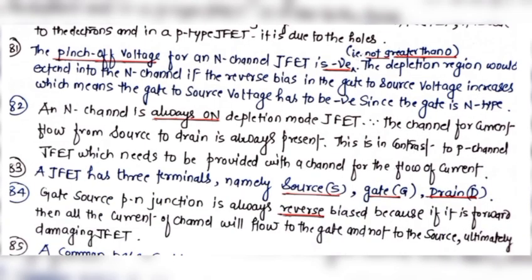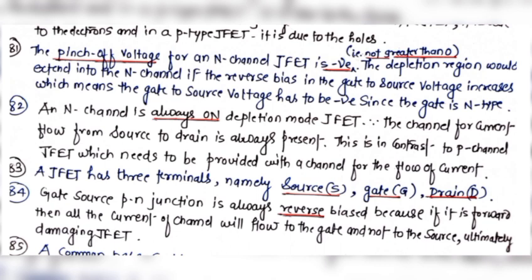The pinch-off voltage for an N-channel JFET is negative, that is not greater than 0. The depletion region would extend into the N-channel if the reverse bias in the gate-to-source voltage increases, which means the gate-to-source voltage has to be negative since the gate is P-type, and an N-channel is always on depletion mode JFET.